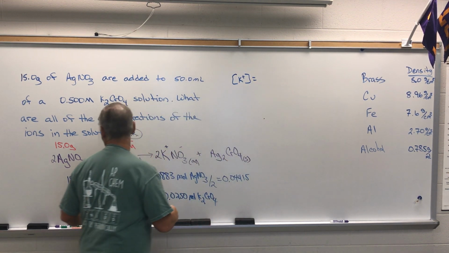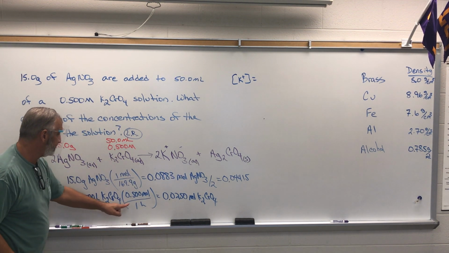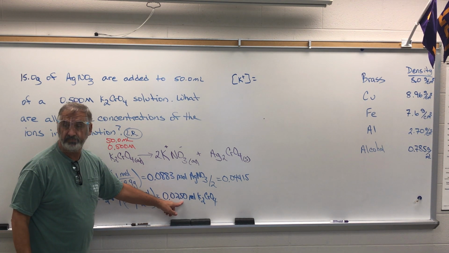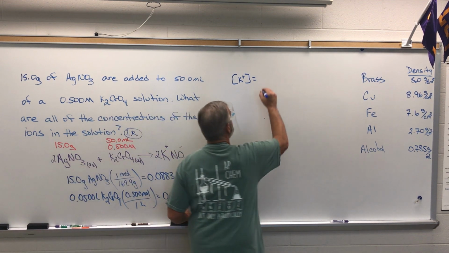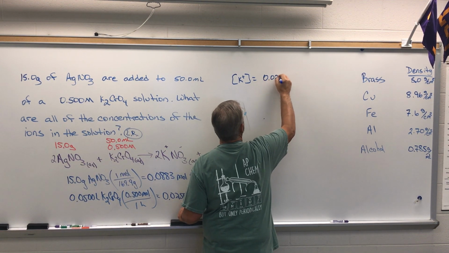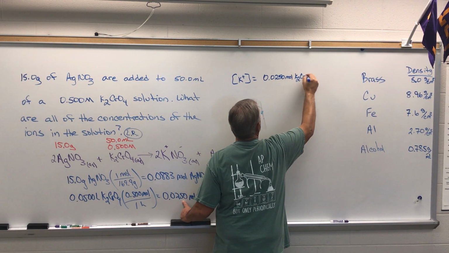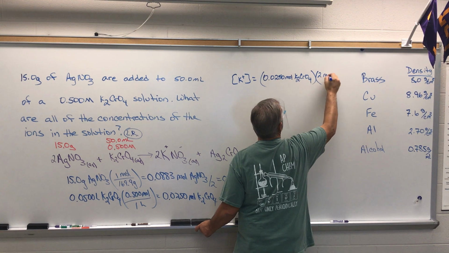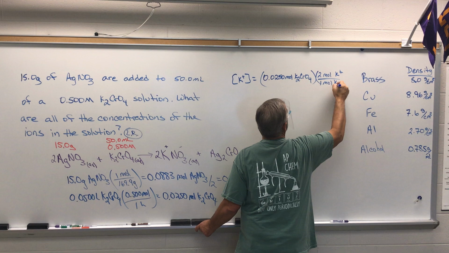Okay? So we can go and do the potassium. Well, how much potassium? Well, I have potassium chromate. I know that I have 0.0250 moles of potassium chromate. So how many moles of potassium am I going to have? I'm going to be very explicit and say 2 moles K+ for every 1 mole K2CrO4.